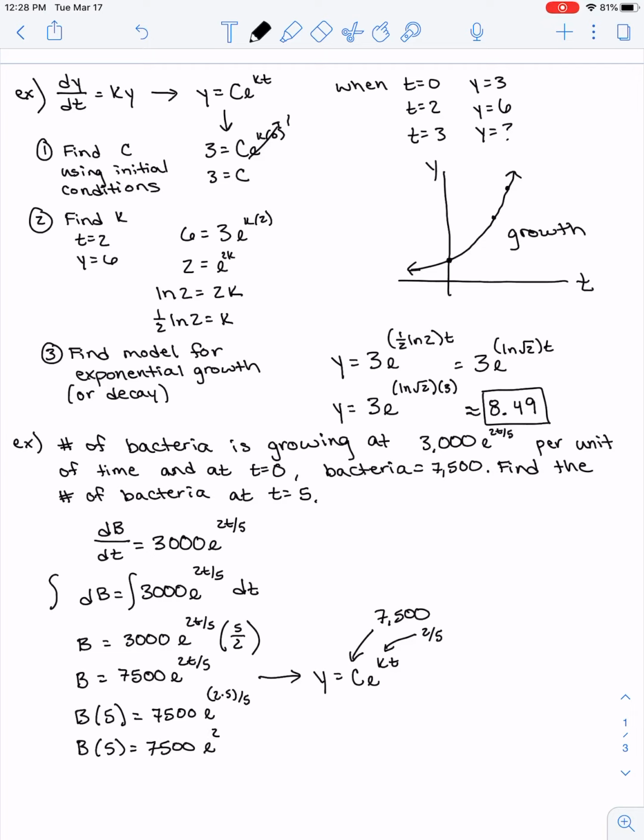If you plug this into your calculator, the bacteria number at time 5 units is approximately equal, I'm going to round this to the nearest bacteria cell, to 55,418 bacteria.